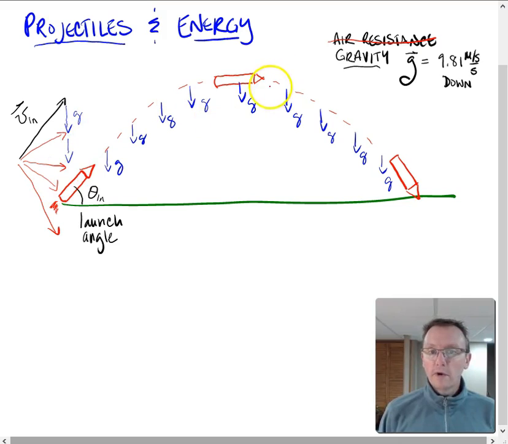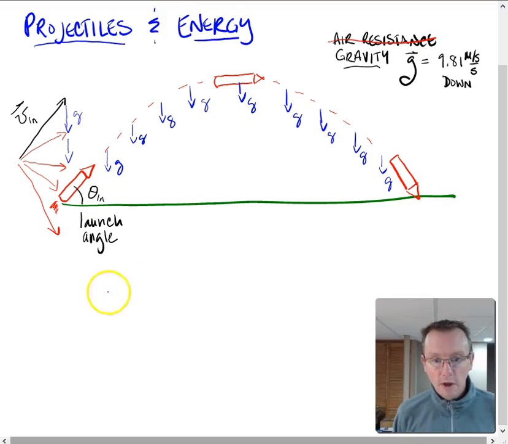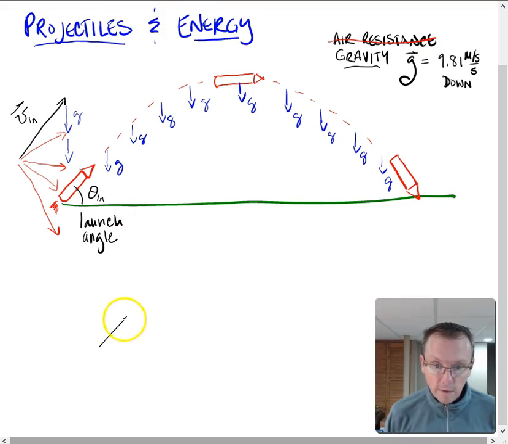So, do you notice, though, that the gravitational acceleration only acts downward? Is there anything that changes the horizontal component of this vector? So let me draw it out again here. I'm going to draw this launch velocity here again so you can see it. So it looks like this. That's the initial launch velocity vector.